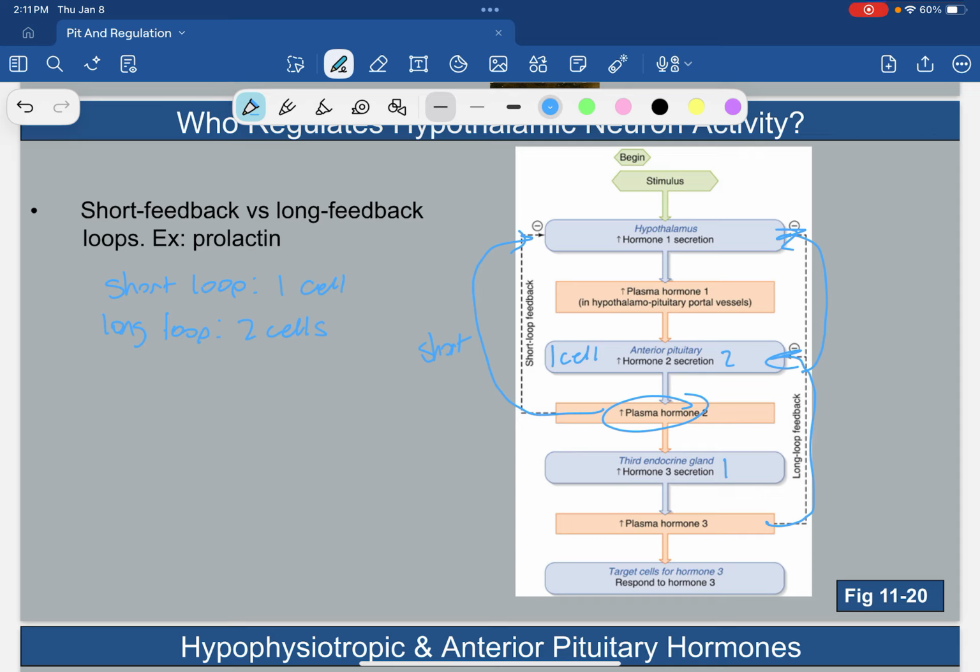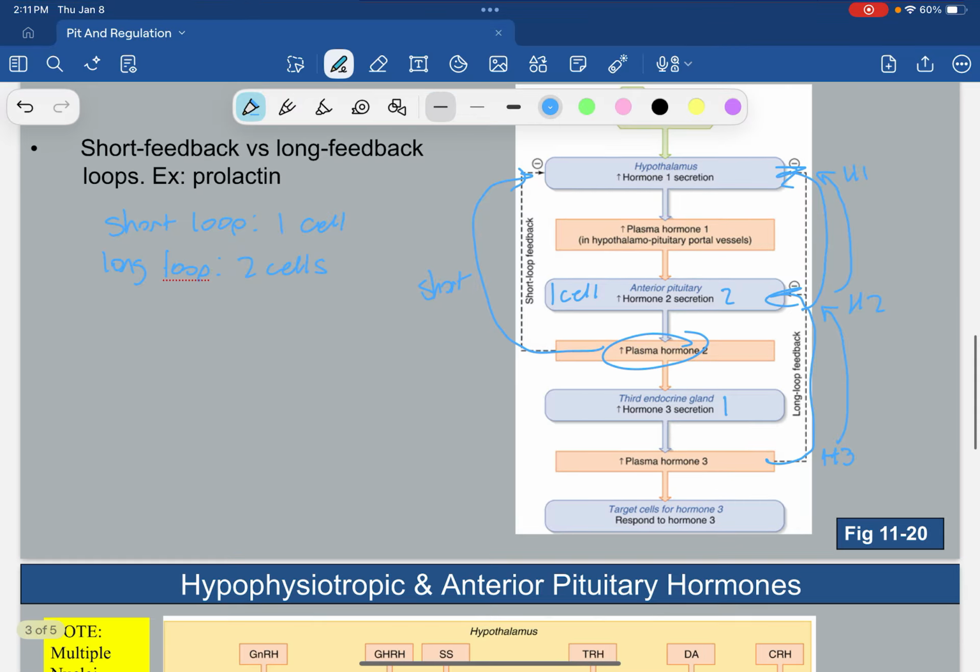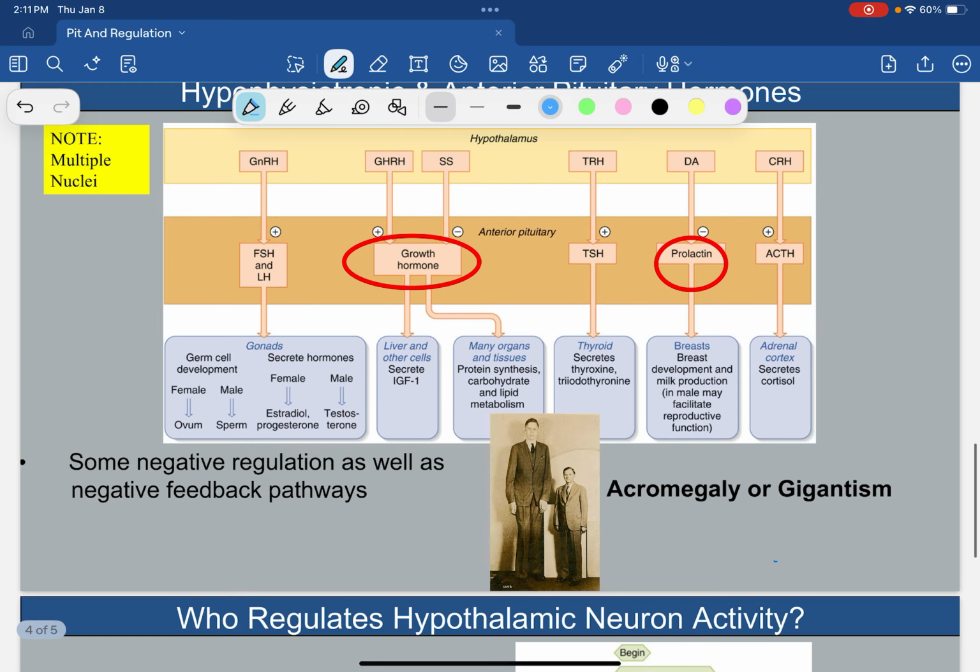Our long loop is when our hormone 3, which is down here, also acts on hormone 2, which can act on hormone 1. So that's the difference between our long loop and our short loop, just different feedback mechanisms. As we move down here, this is another pathway example just to get used to.